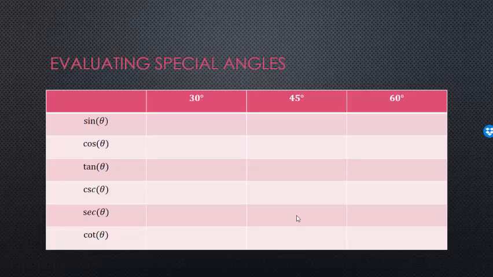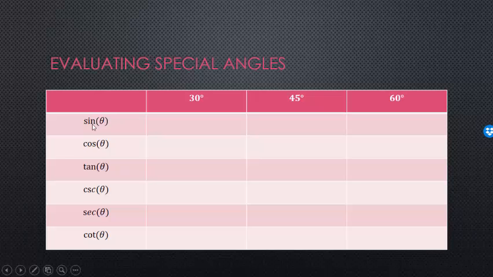Now that we've discussed special right triangles and we've introduced the 6 trig functions, so we've talked about special angles, 30 degrees, 45 degrees, and 60 degrees, now I want to discuss using the triangles to evaluate each of these trig functions. From the 30, 60, 90, so we're going to start with the 30, 60, 90 triangle. If you locate 30 degrees, we're going to find sine of 30 degrees.